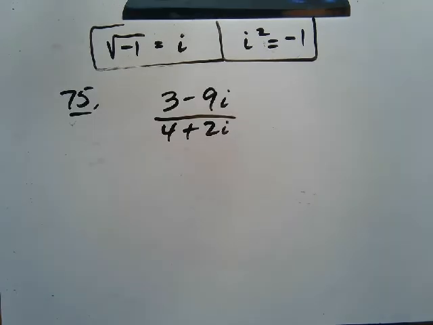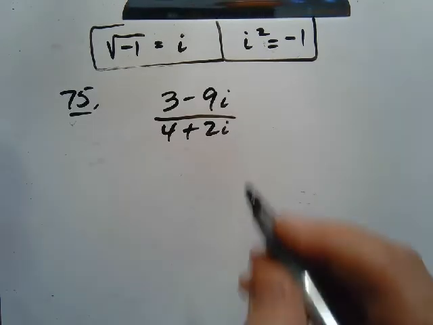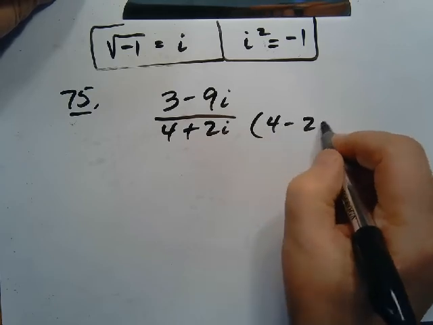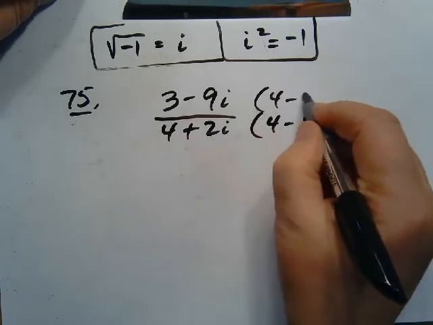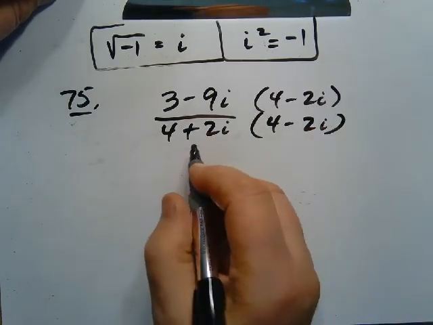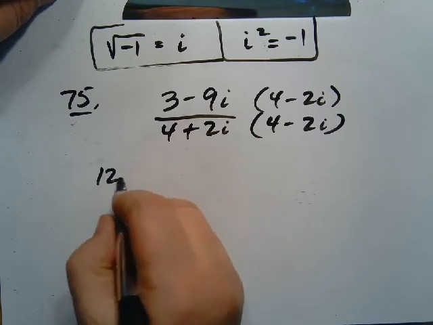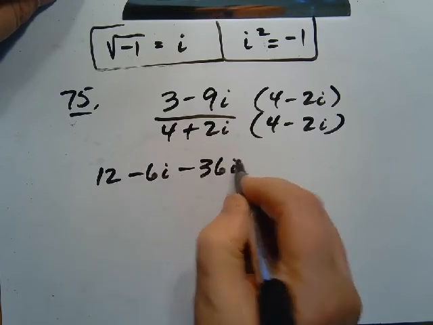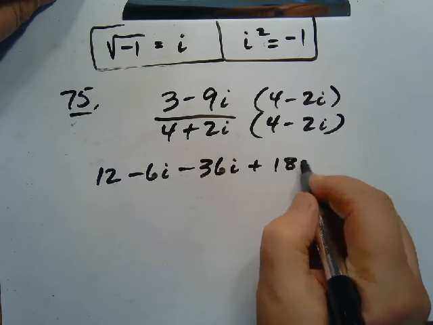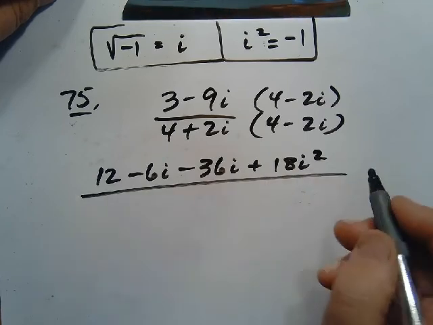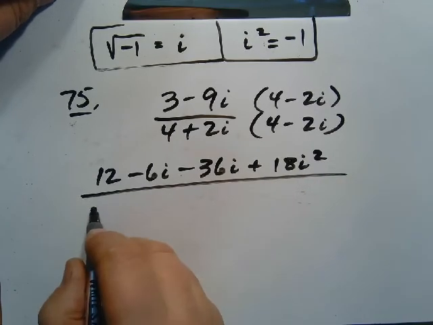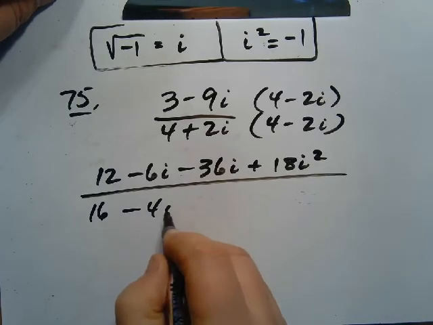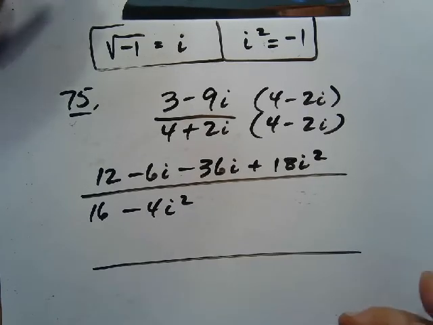All right, one more. All right, once again, same idea. We're gonna multiply top and bottom here by the conjugate. Here we go. 12 minus 6i minus 36i plus 18i squared. Bottom, 16, middle terms are going out, minus 4i squared.